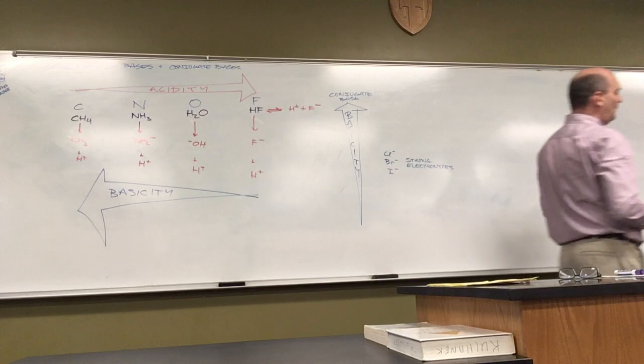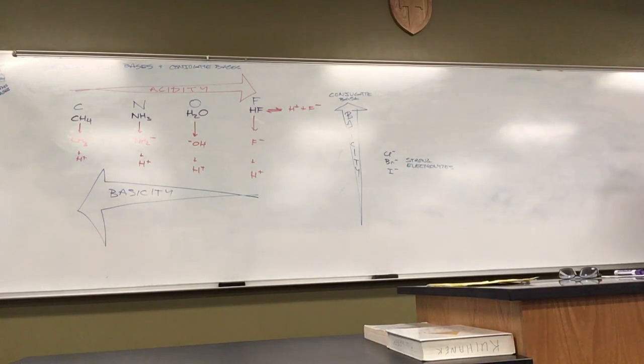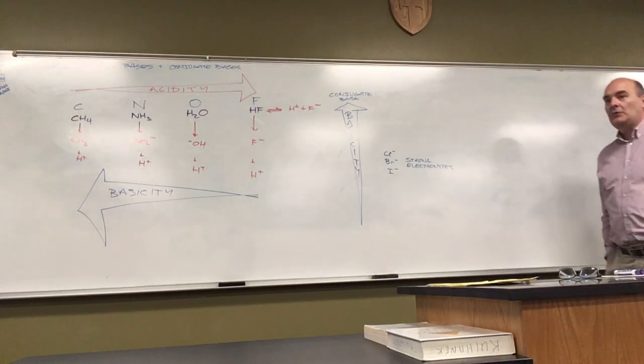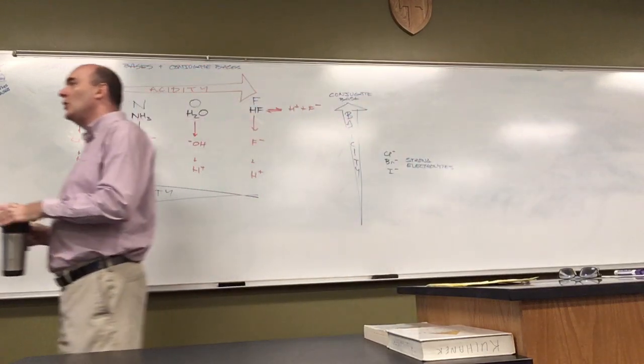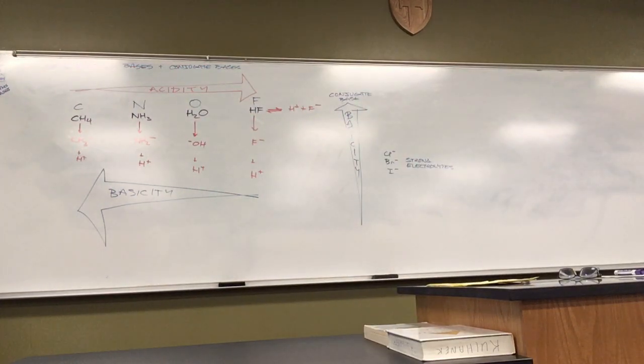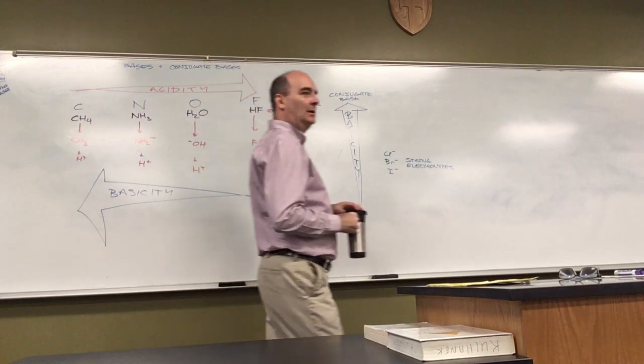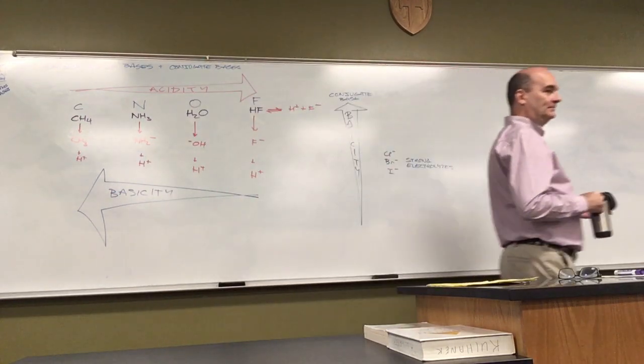So there's a little off-the-cuff remark that you can make that says the conjugate base of a strong acid is a weak base, and the conjugate base of a weak acid is a strong base.